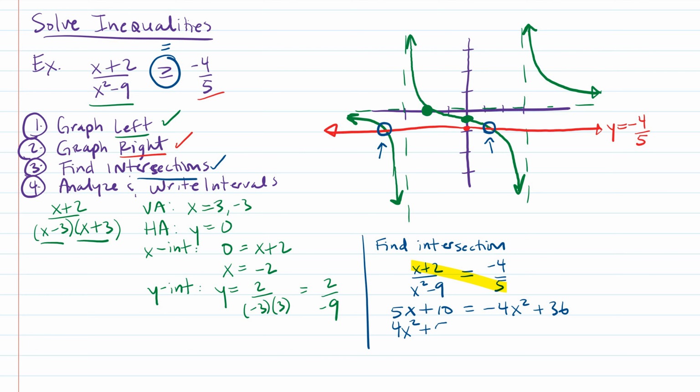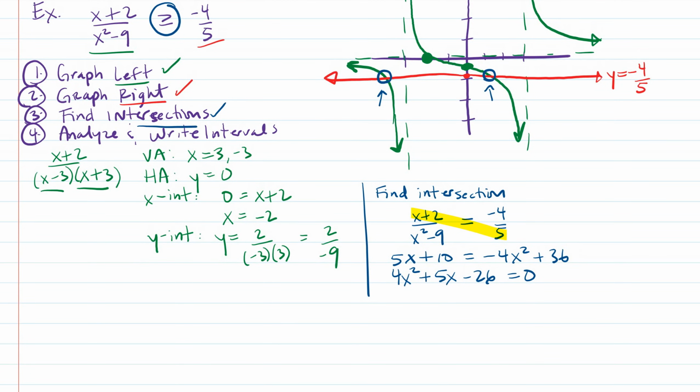I've already got 5x over there, and then I'm going to subtract 36, and that gives me 4x squared plus 5x minus 26 equals 0. This quadratic here can be solved. It can actually be factored, but it's kind of tricky, so I would just suggest using the quadratic formula.